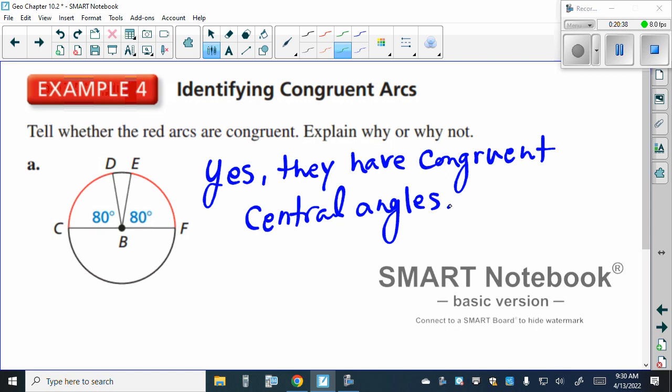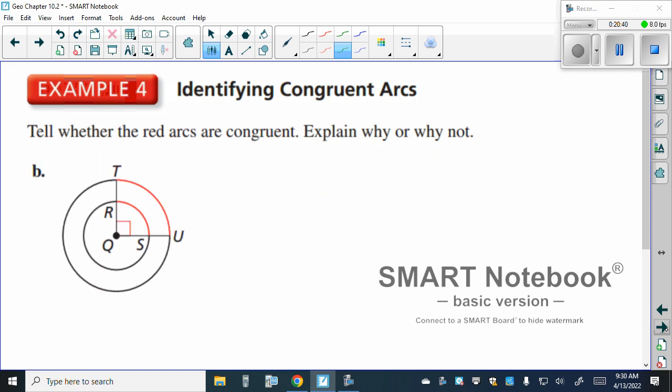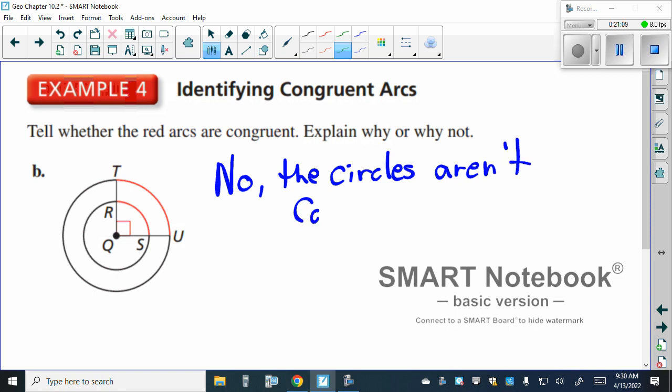Questions on this one here? So are these two red arcs congruent? Because they're both 90 degrees, yes? Are the two circles congruent? No, one of them is bigger than the other. Yes, because they're inside of each other? No. The circles aren't congruent.